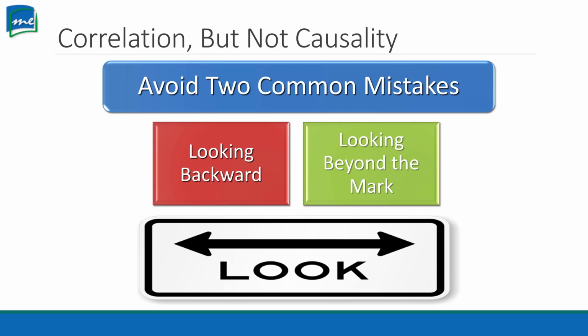But another common mistake with our data is looking beyond the data. Looking beyond the mark. The data is the data. So if we see, let's say, overall sales have dropped off, well, somebody might be looking at what the data says. Well, prices went up, so that means we need to have a sale and bring some prices down. Well, that might be it, but what are some other things?